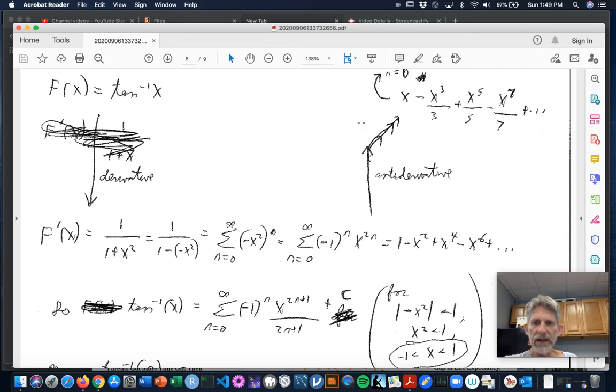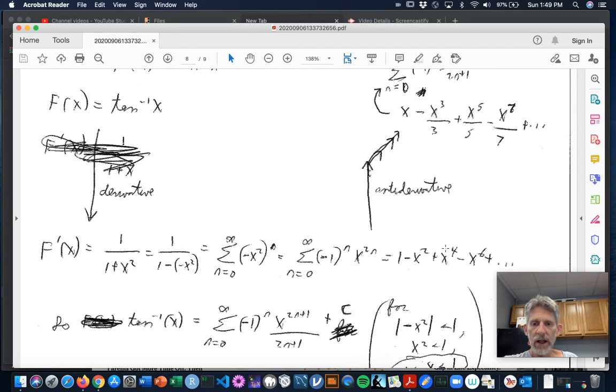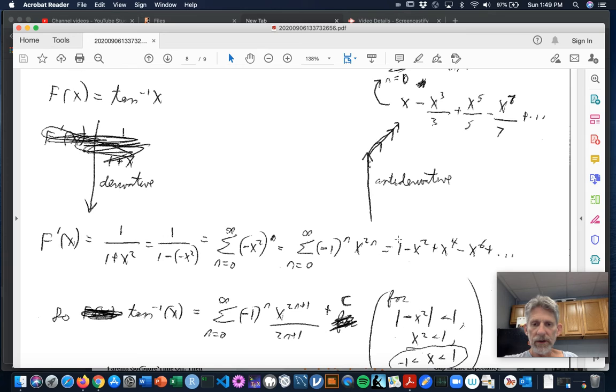So let me take the antiderivative of it. Now, this is a sum, and so you think, well, the antiderivative of a sum is the sum of antiderivatives. Now, this is an infinite sum, and there's not really a rule that says that the antiderivative of an infinite sum is the infinite sum of their antiderivatives.